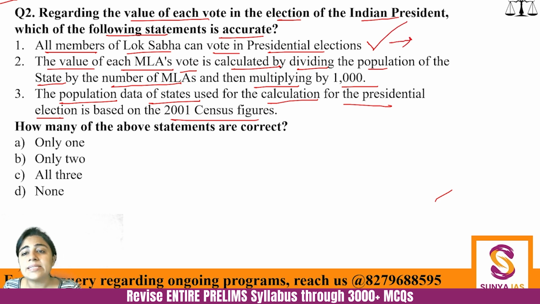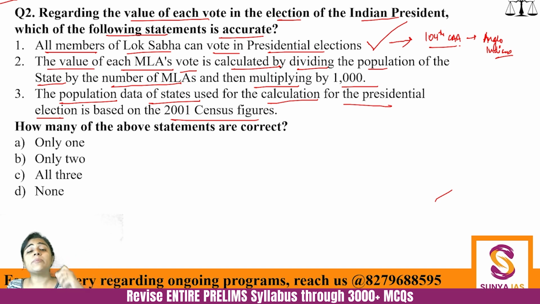The reason is that by the 104th Constitutional Amendment Act, the nomination of the Anglo-Indians has ended. Anglo-Indians will not be nominated anymore in the Lok Sabha, and that is why starting with the next election, that is the 2024 election, every member of the Lok Sabha will be eligible to vote in presidential elections because there is no nominated member at all.